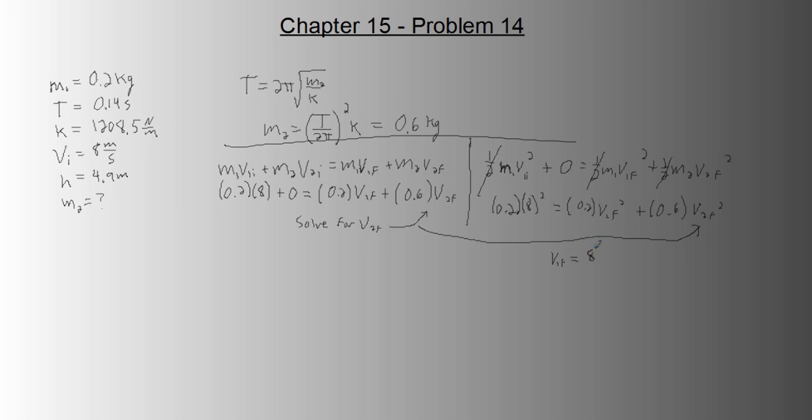One of them is 8 meters per second, the other is -4 meters per second. We want this one because the block's going backwards, right? If you look at the picture on page 406, basically I've defined to the right as positive because of the 8 here. I made it positive 8, so left must be negative, so we need that guy right there.